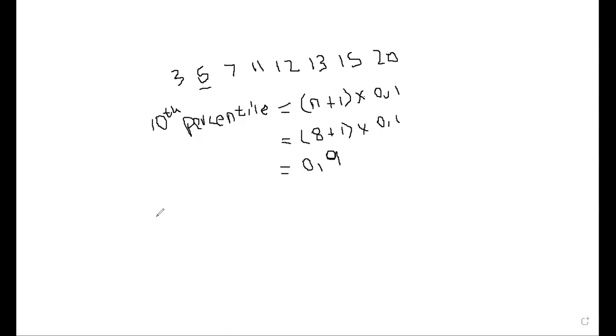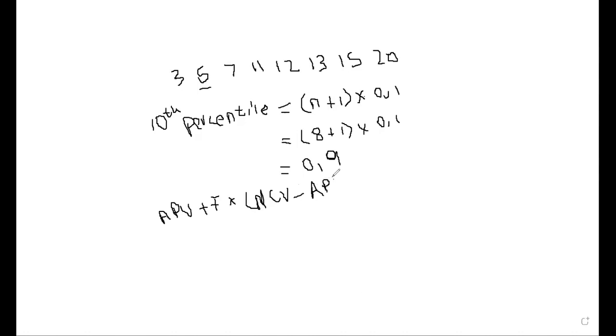So with our percentile value, we're going to say the APV plus the F, which is the fractional part of the percentile position, multiplied by the NCV, the next consecutive value, minus the APV.